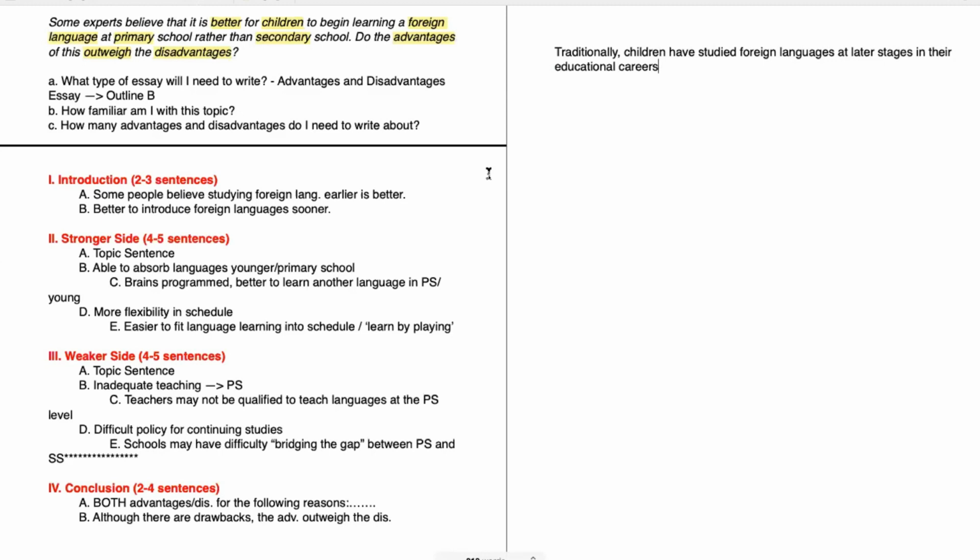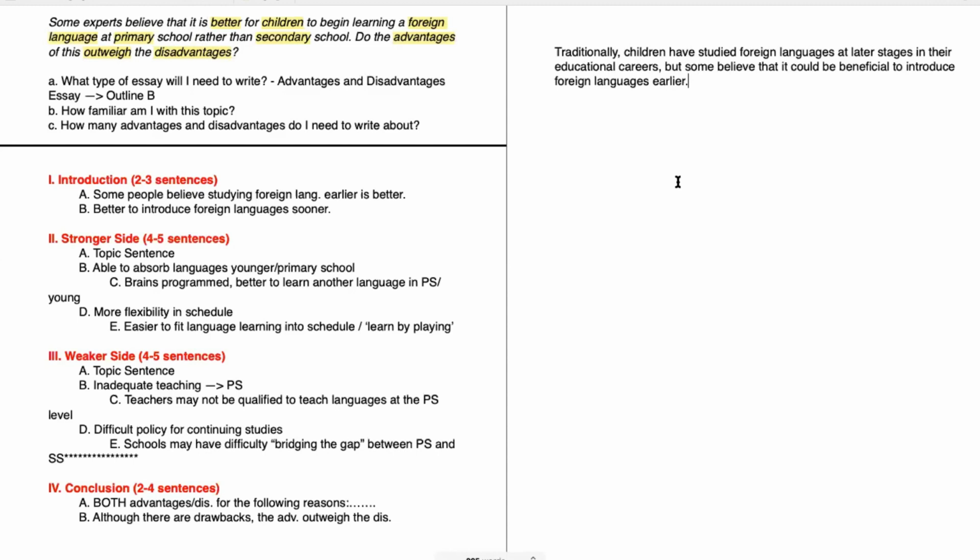I'm basically going to include the rewritten question right here, and I'll say, but some believe that it could be beneficial to introduce foreign languages earlier. And that is basically what I've said here. The fact that the writing prompt says rather than secondary school, it implies that children learn foreign languages in secondary school. So that, based on my outside knowledge, has led me to write this opening sentence.